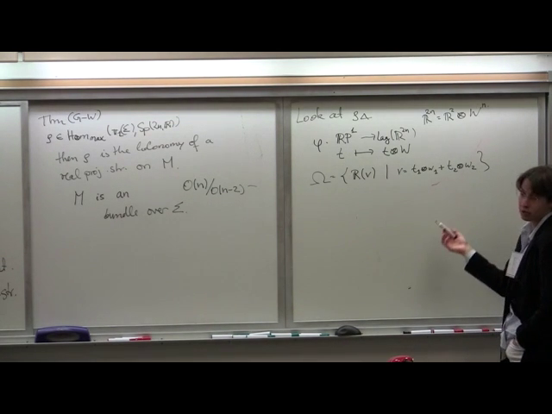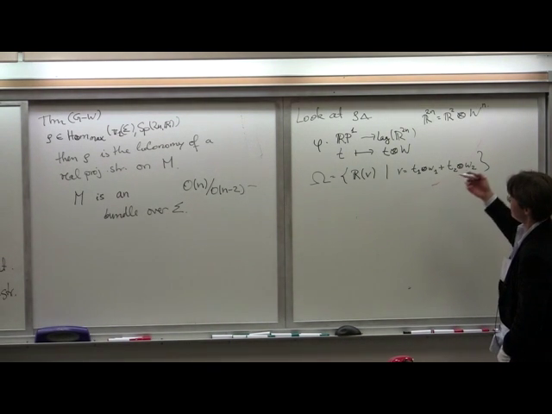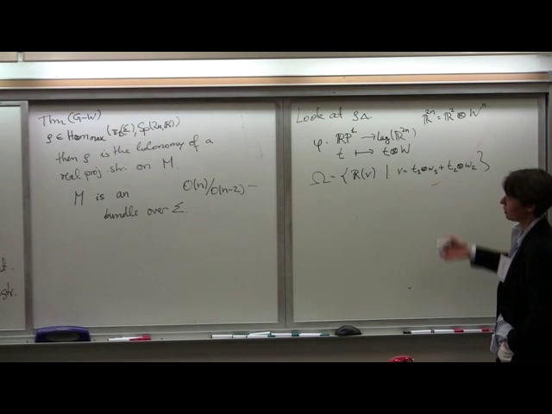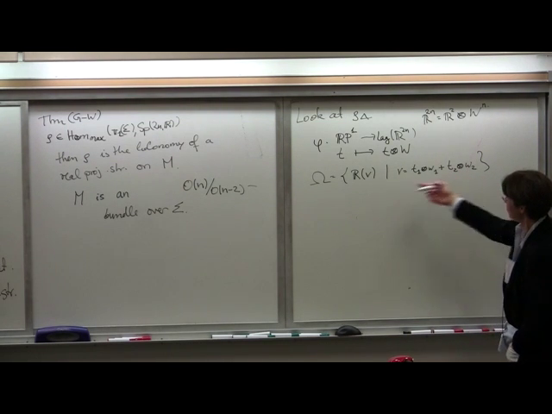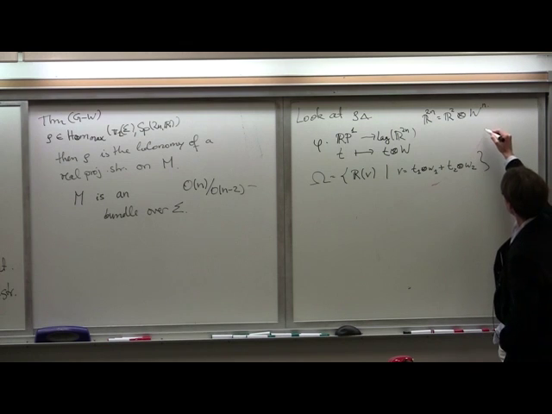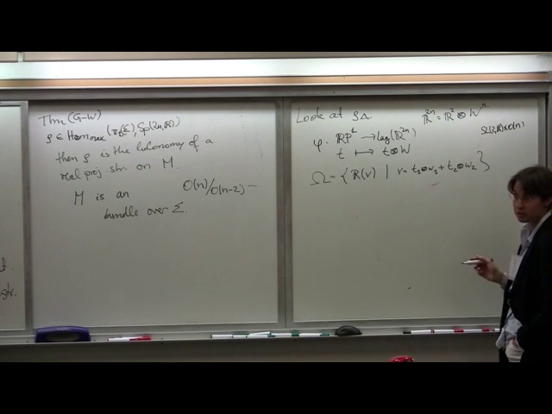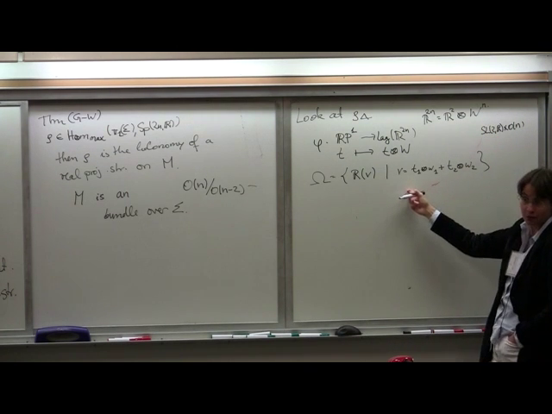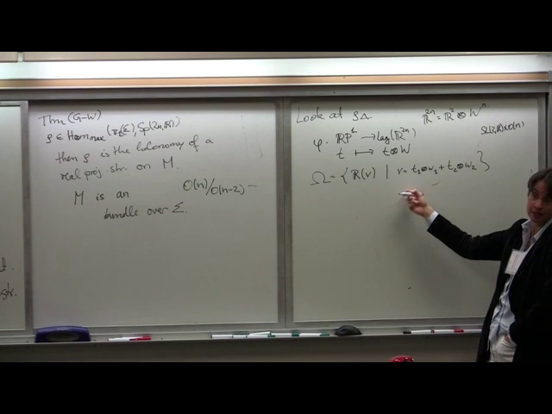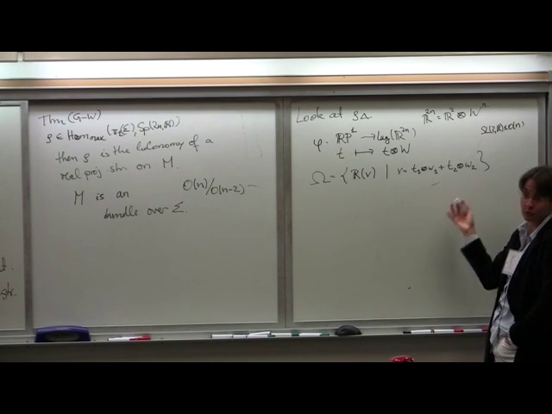So in this situation, we have a very good understanding of how this domain looks, because we land in this group SL2R cross ON, which preserves the whole picture, and this group actually acts on this space transitively, and you can compute very explicitly what the stabilizer is.